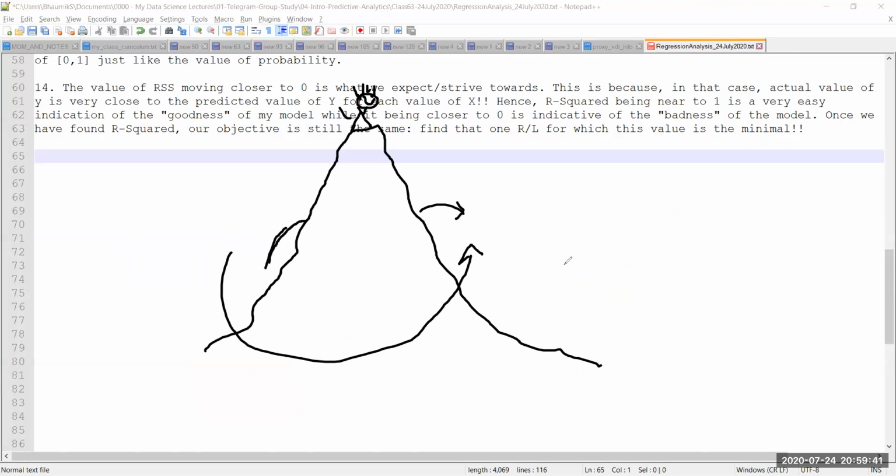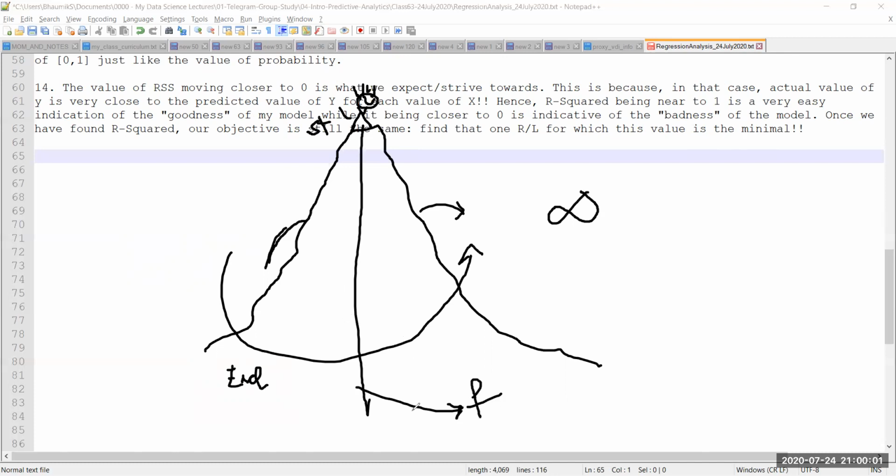I can come down from any side. So I can actually have infinite ways in which I can come down from start till end. And then I simply select that one way, which is the fastest, to come down.